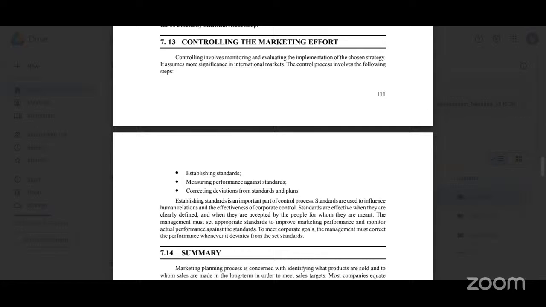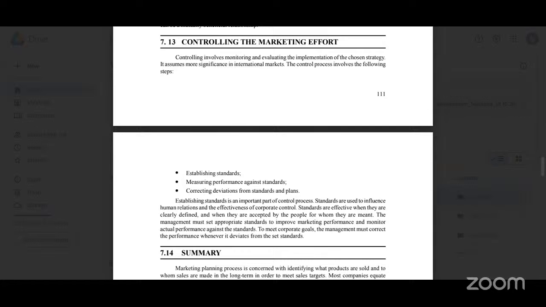So these are all the strategies that we have considered. Controlling means monitoring and evaluating the implementation of these strategies, because it is not enough to just make strategies on paper. They need to be implemented, and they need to be constantly monitored and evaluated and corrected where necessary.